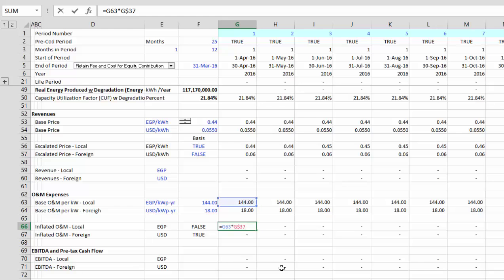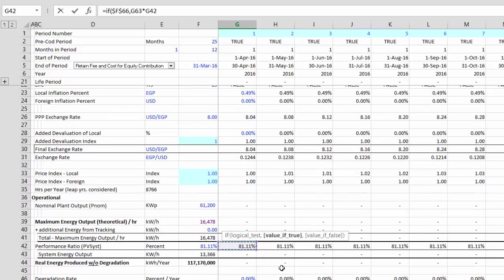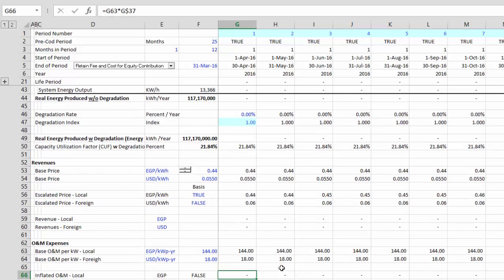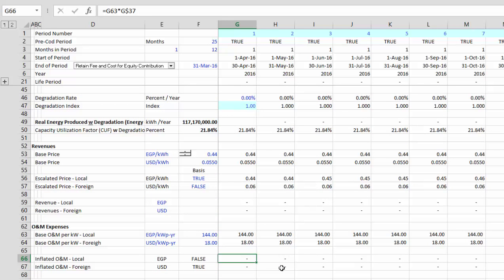So if we're going to use a foreign, then we would take this one and multiply it by our foreign inflation index. And I did it wrong. This was local.